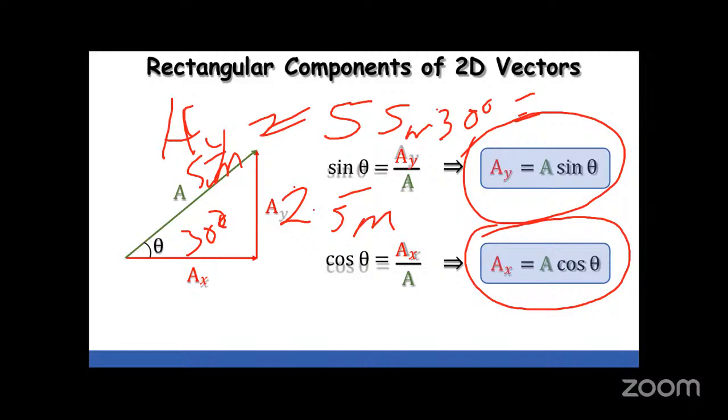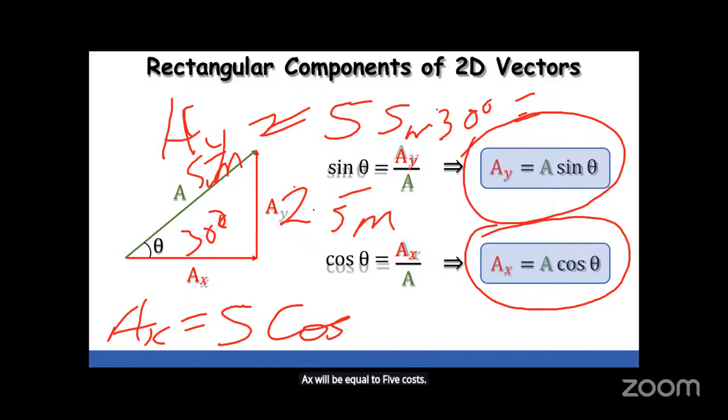And then the x axis, that is the horizontal component, will be 5. Ax will be equal to 5 cos 30 degrees.